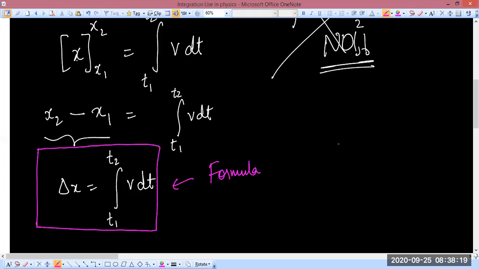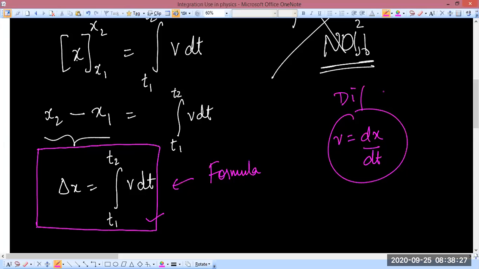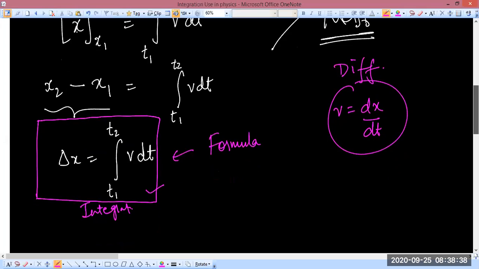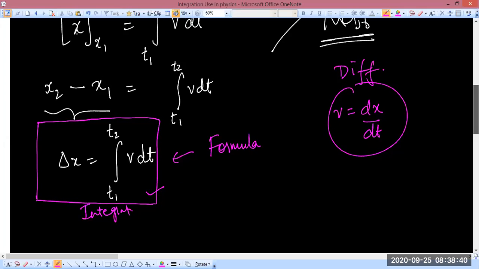And in my view, these are two sides of the same coin, because this is in the form of differentiation and this is in the form of integration. Will you be able to remember this formula?